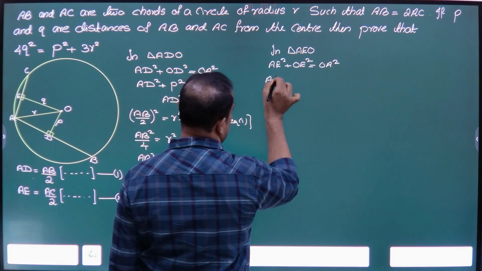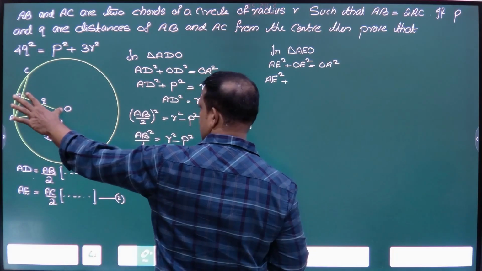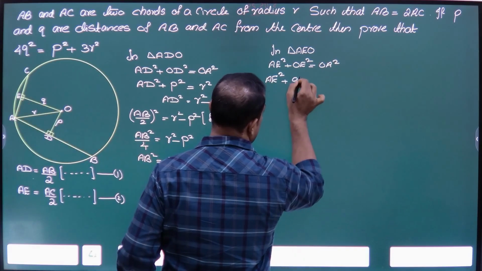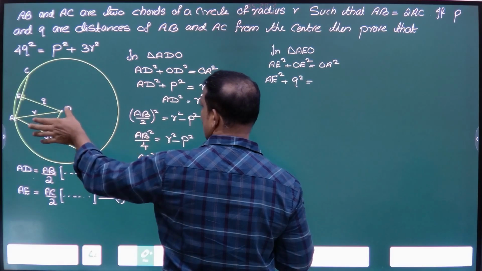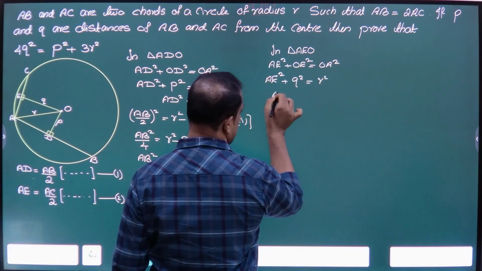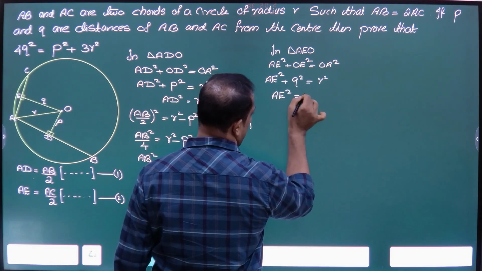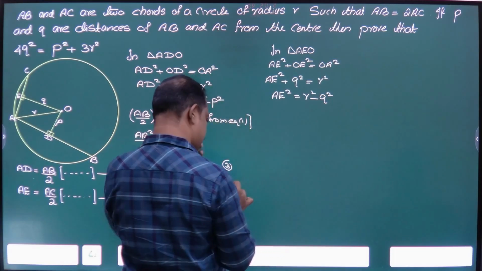What is the value of OE? Q. So plus Q square equals what is the value of OA? R. From this equation, what is the value of AE square? R square minus Q square.